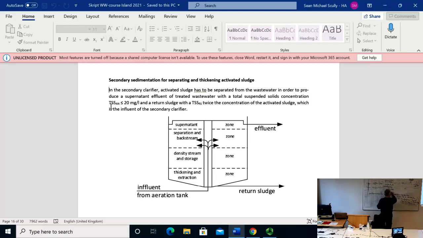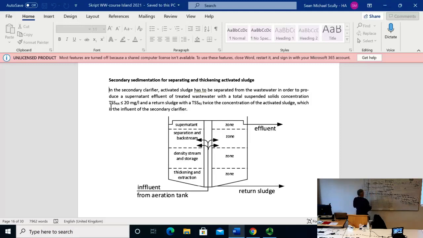So this is close to 0. This is close to QRS, because QSS is much smaller than QRS.